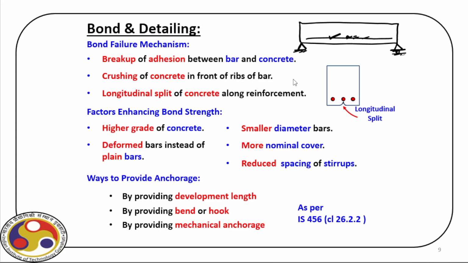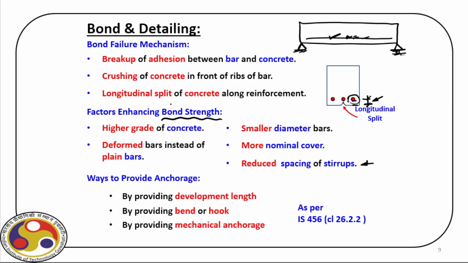If we have very little cover, then the strength of concrete between these 2 planes, one here and another the outer surface, is not developed. So more nominal cover will give sufficient strength around these bars, and therefore we'll get more bond strength. Also reduced spacing of stirrups. If we have shear reinforcement and closer stirrups, then also we can enhance this bond strength.